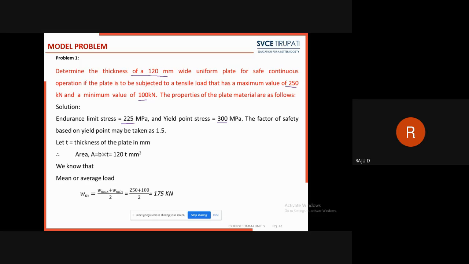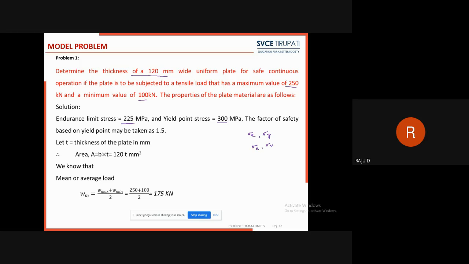In our problem, they will not mention any theorem. Based on the stress values only, we can confirm whether it is Goodman's line method or Soderberg method. If they give sigma e value and sigma y value, the theorem is the Soderberg method. If they give endurance limit stress value and ultimate stress value, the theorem is Goodman's line method.